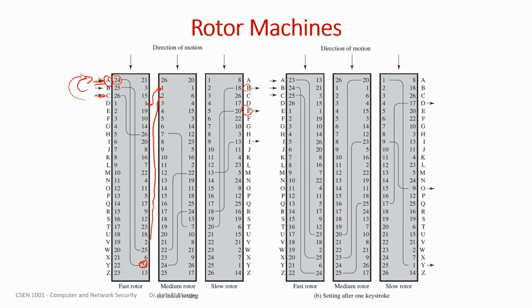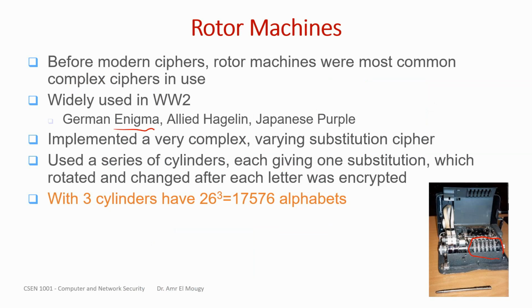Now, the Germans not only did that, but they were changing the wirings every night. So every night the wirings would change, and so the pattern of occurrences of the letters would be completely different every day. This is why it was almost impossible to break this machine by hand.